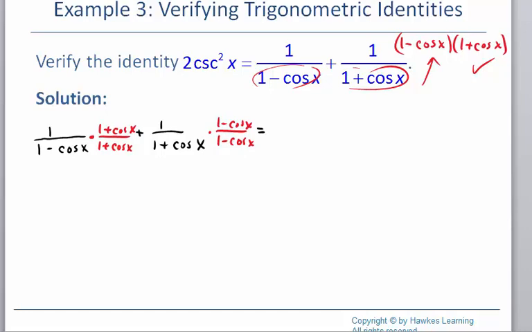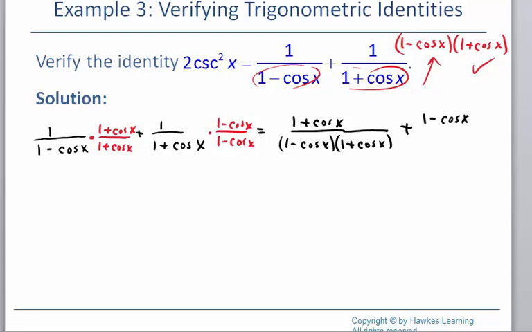Okay, so let's go ahead and do that multiplication. For the first fraction, we're just going to multiply 1 times 1 plus cosine x. And on the bottom, we'll have our new denominator. I'm not going to multiply this out until I feel like I need to. For my second fraction, I have 1 times 1 minus cosine x, and again, we have our new denominator.